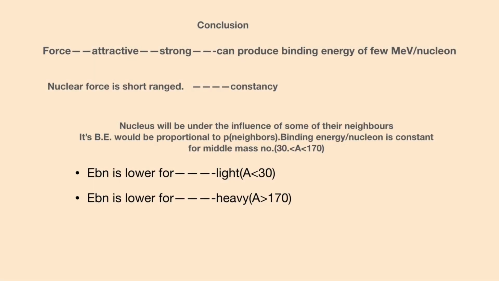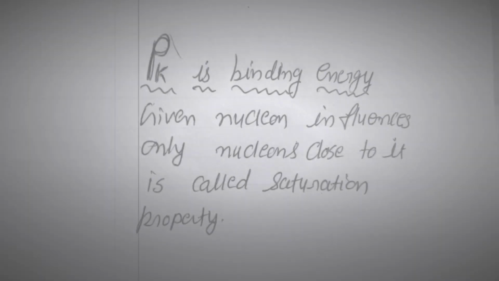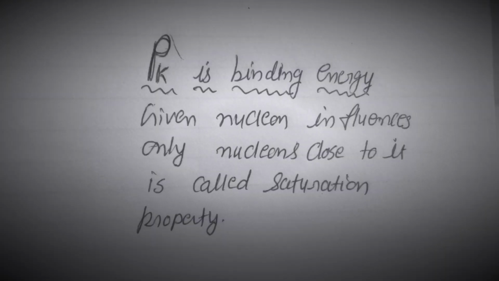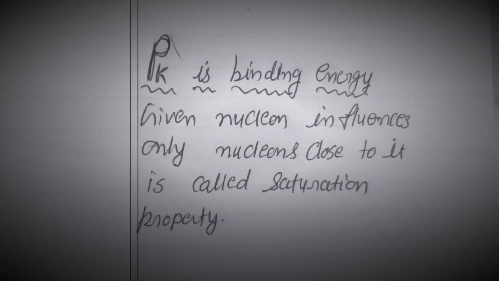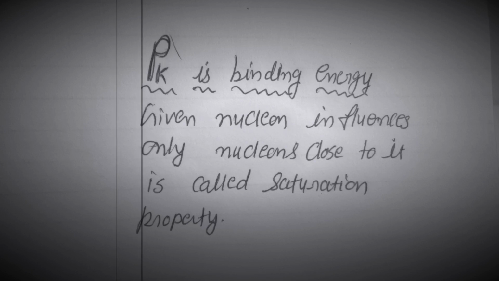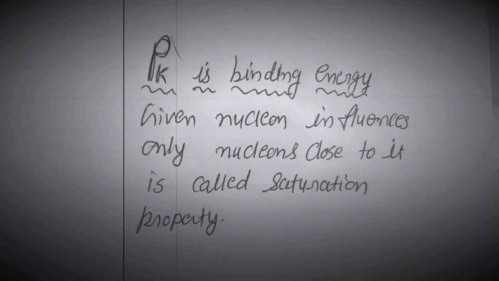So EBN is lower for lighter nuclei, meaning A is less than 30, and EBN is also lower for heavier nuclei, for A greater than 170. So from constancy we can conclude that nuclear force is short range. Nuclear force is applicable only for neighboring nucleons. So the binding energy of a given nucleon is influenced only by nucleons close to it, which is called the saturation property.